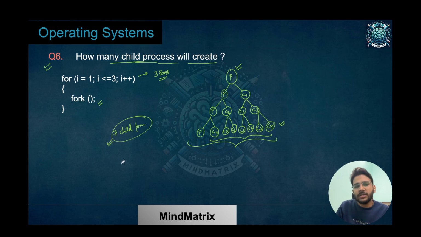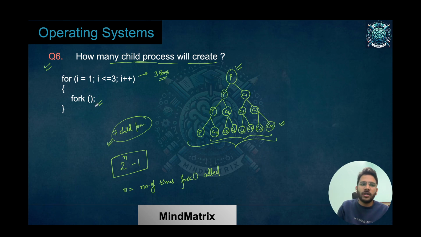Or simply you can say that 2 raised to the power n minus 1 child processes will be there, where n is the number of times fork is called. So here how many times is fork called? n is equal to 3. So 2 raised to the power 3 minus 1, that is nothing but 8 minus 1, 7. So 7 child processes will be created.